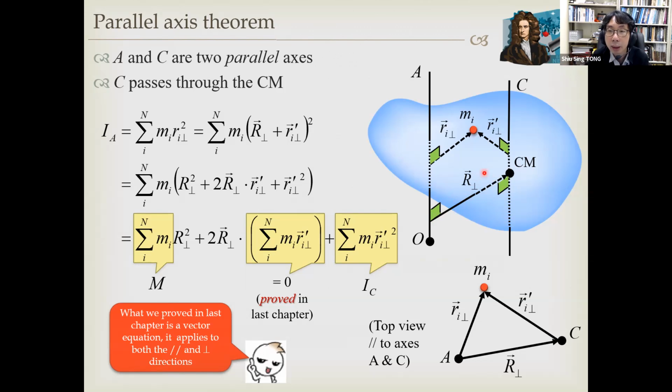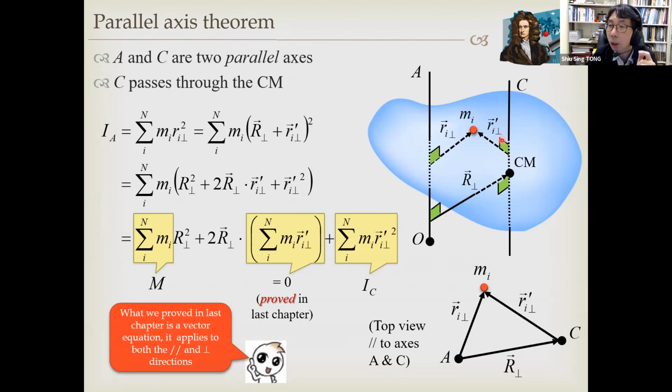Now we chop the large object into many small pieces, and each piece, the i-th piece, we call the mass mi. The vector that points from axis A to this mass is Ri-perp, while the vector that points from axis C to the same mass mi is Ri-perp prime.